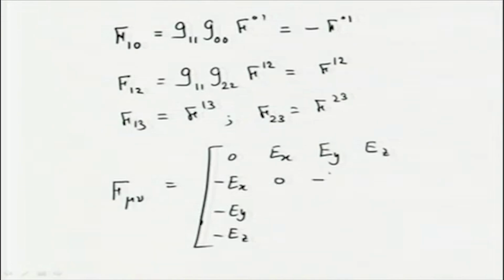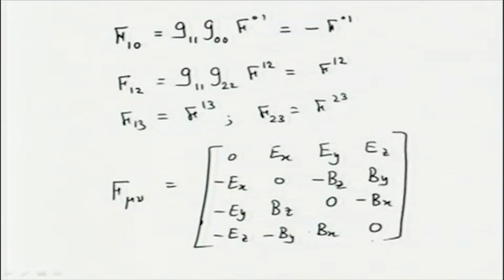For the off-diagonal elements corresponding to the magnetic field, there is no change in sign compared to the contravariant case. So it is B x, minus B z, B y in the second row, plus B z in the third row, minus B y in the fourth row, with 0 on the diagonal, plus B x here, minus B x here, and a 0 in the diagonal term.